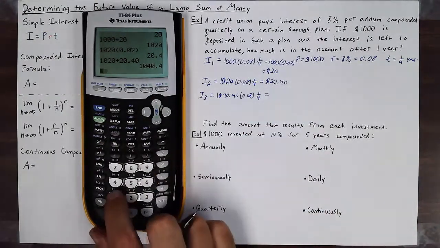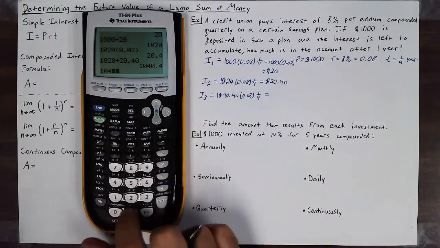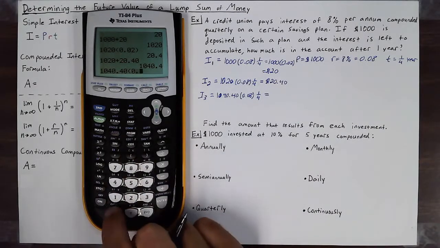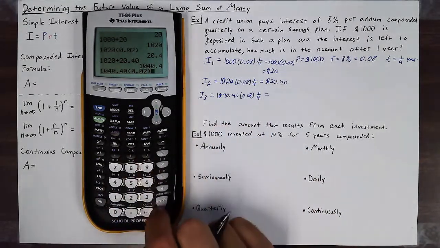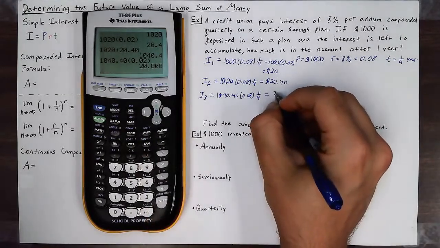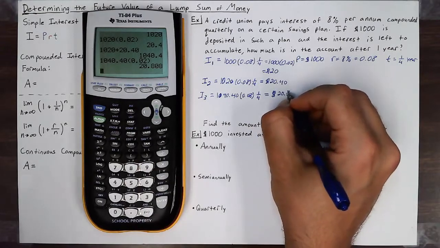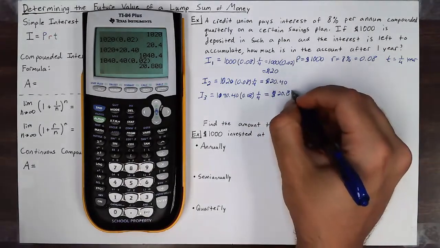So I'll put $1,040.40 times 0.02, that's 1/4 of 0.08. That gives me $20.81 when rounded.